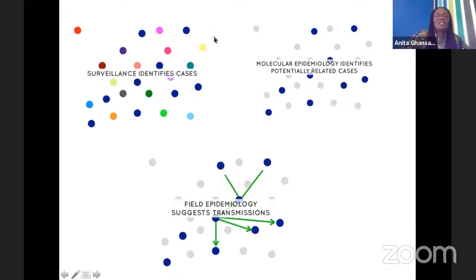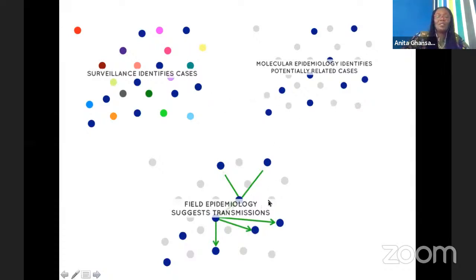Then we can go further with molecular epidemiology to identify potentially which pathogens are related.